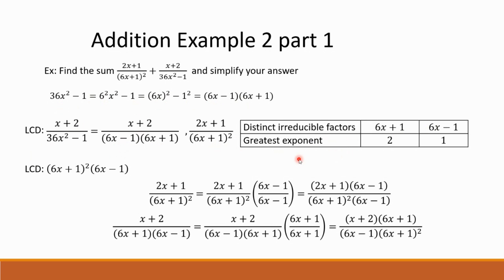Now, what are the biggest exponents? Well, for 6x minus 1, we have exponent 1. 6x minus 1 is not here, so we have 1. It's the only exponent. For 6x plus 1, we have exponent 1 here, and here the exponent is 2.